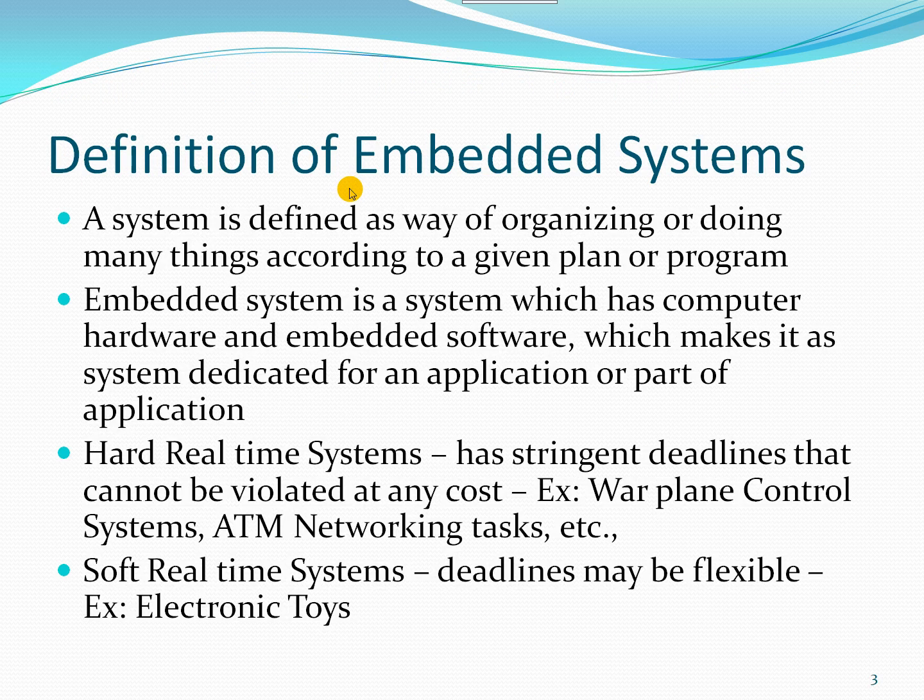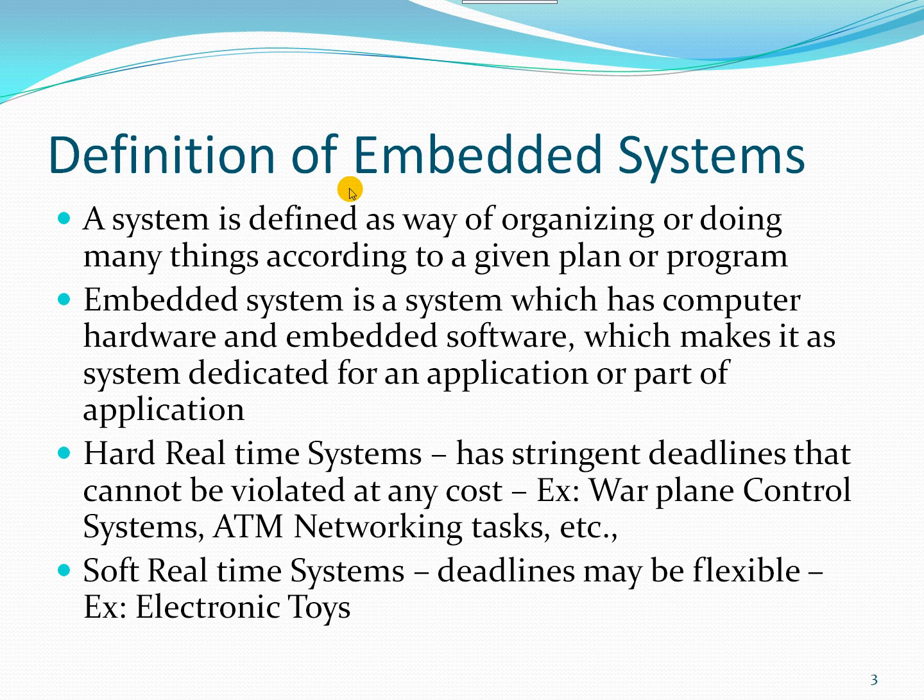So first, going into the embedded systems, we will see what the meaning of an embedded system is. A system is defined as a way of organizing or doing many things according to a given plan or program.